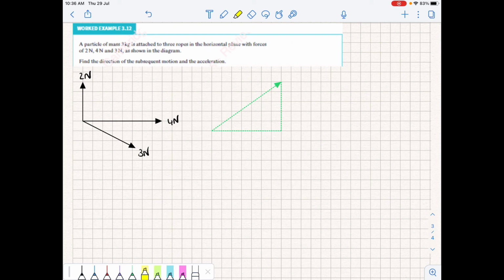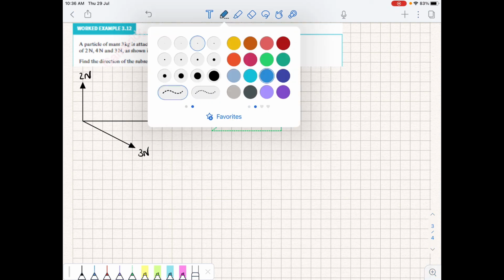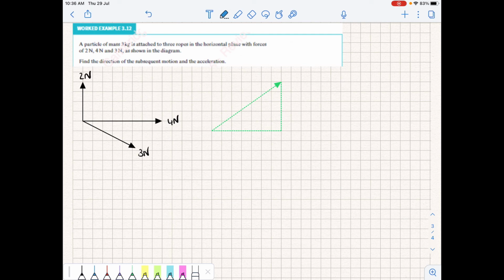The 2 newtons is just a vertical component, and the 4 newtons is just a horizontal component. The only one that we have to split up into its components is the 3 newtons. It's going to have a vertical component, and it's also going to have a horizontal component.